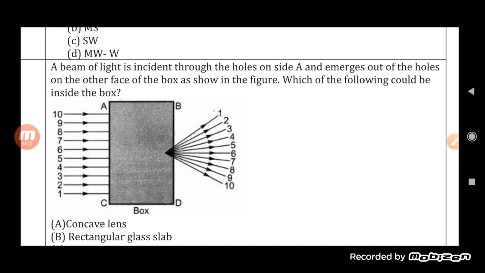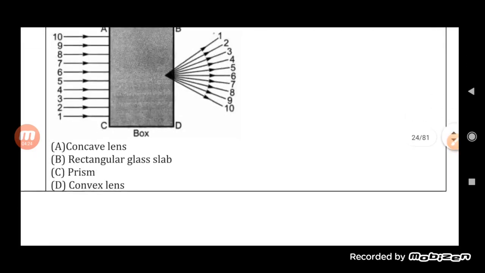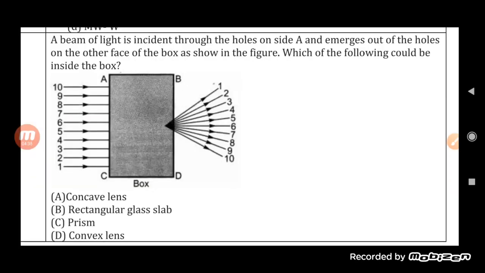Concave lens, then rectangular glass slab, then prism, and then convex lens. Now see here, all the rays which are parallel and go inside through the hole in A emerge out, as you can see here, diverging.